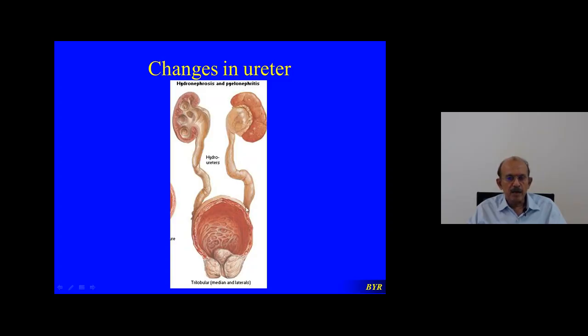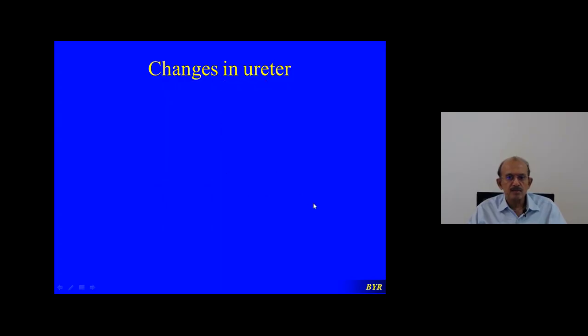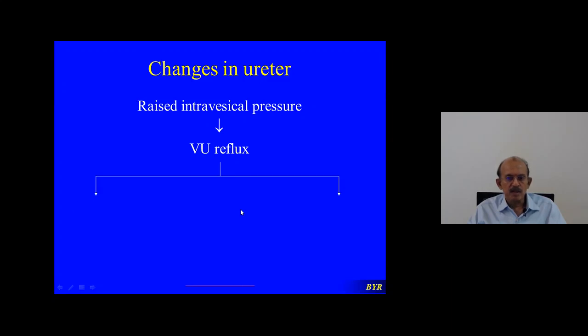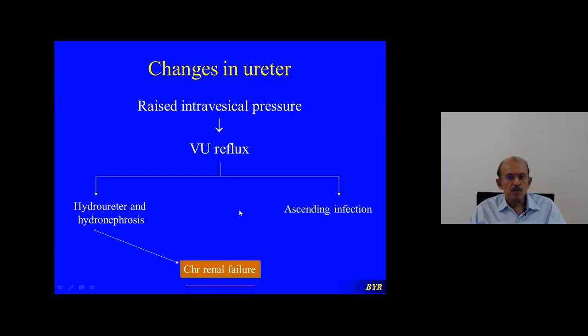That reflux leads to hydroureter and hydronephrosis. So raised intravesical pressure leads to vesicoureteral reflux, leads to hydroureter and hydronephrosis, and there can be ascending infection leading to chronic renal failure.